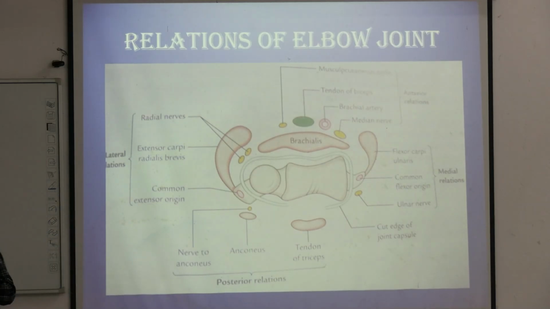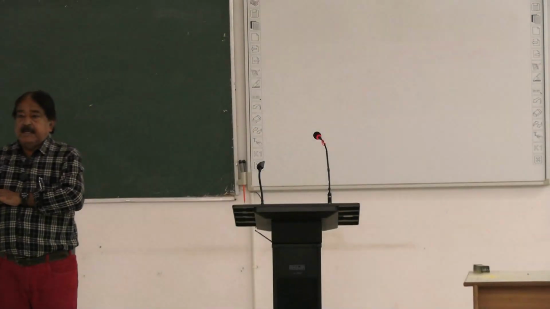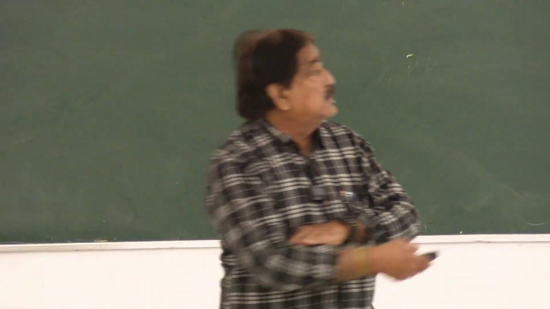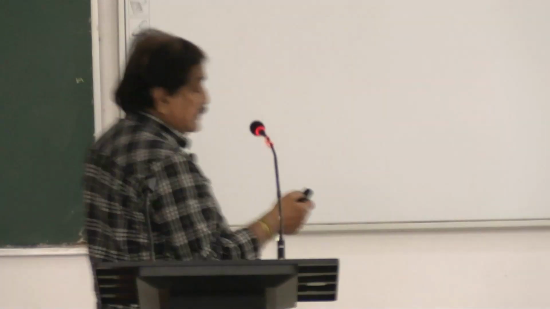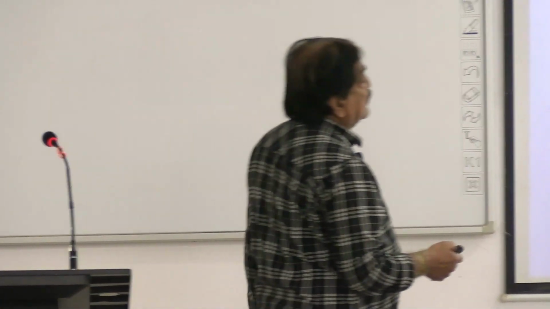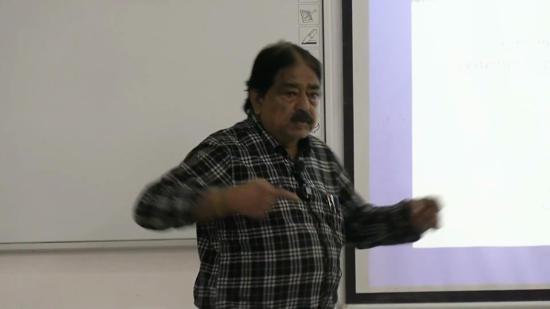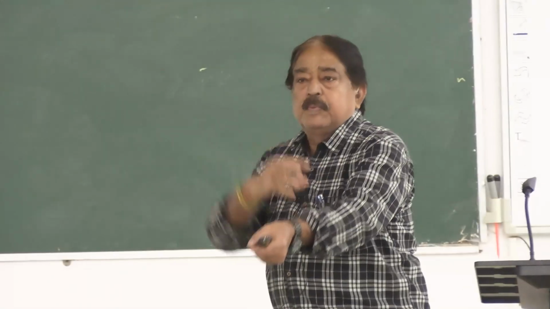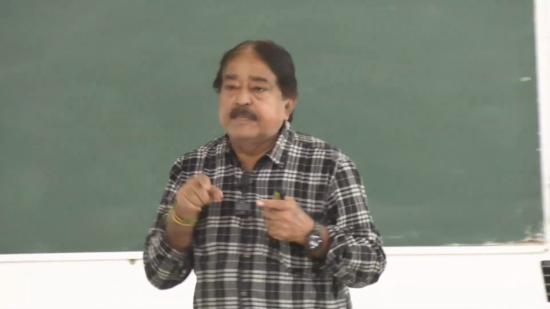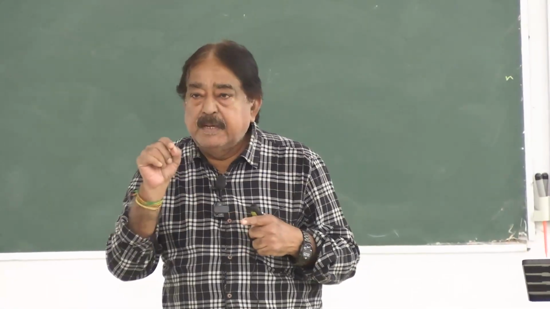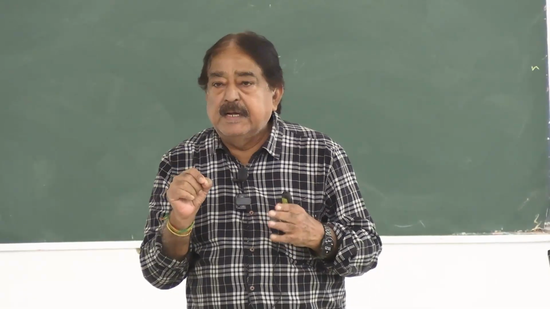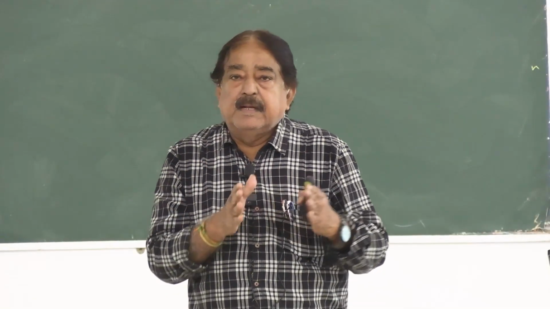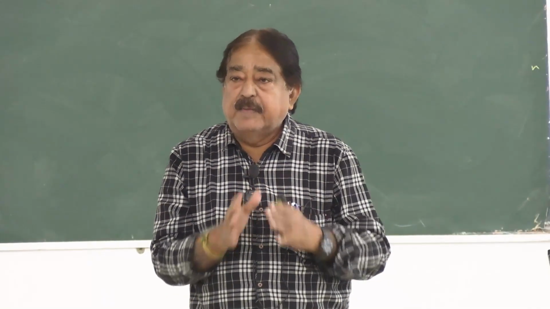So, when you are withdrawing blood, please feel the pulse and then withdraw. The brachial artery is related to the median nerve, so don't prick the nerve. Otherwise the patient might get a nerve injury, and then he or she will complain of pain.